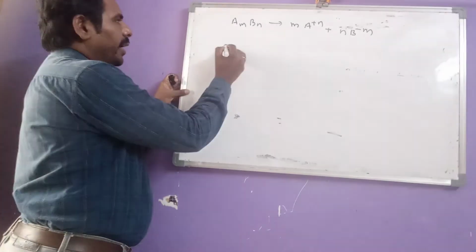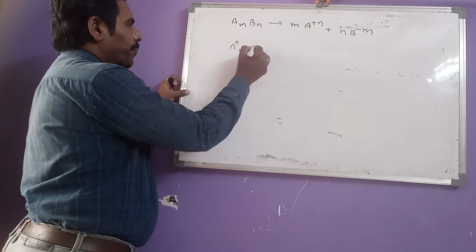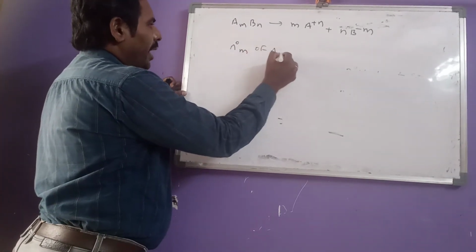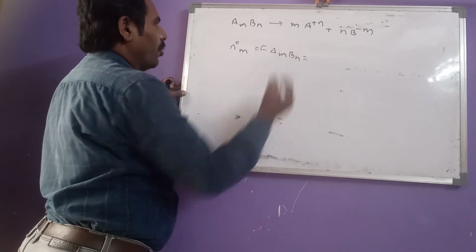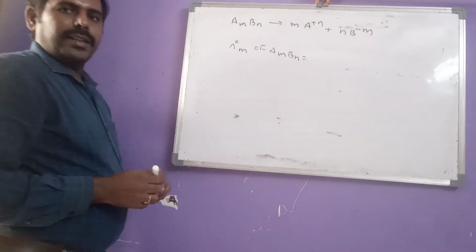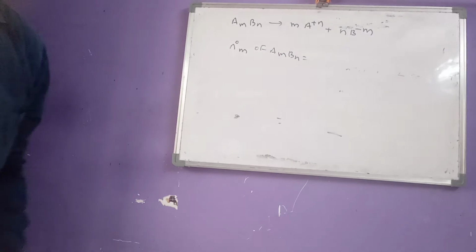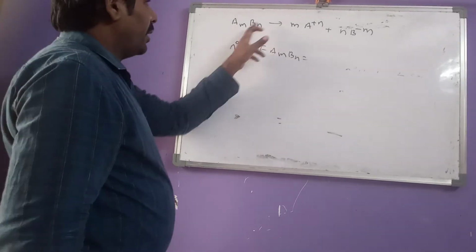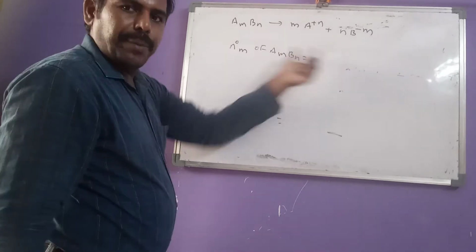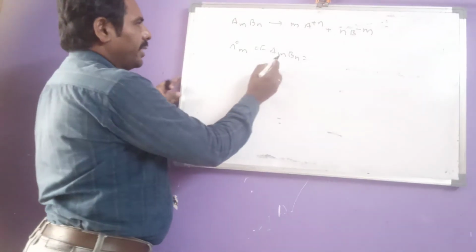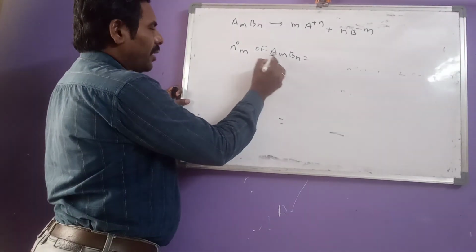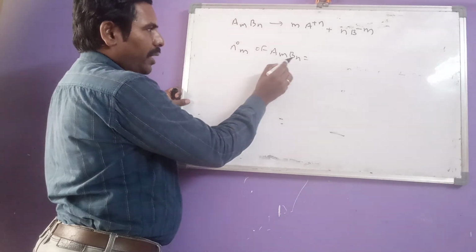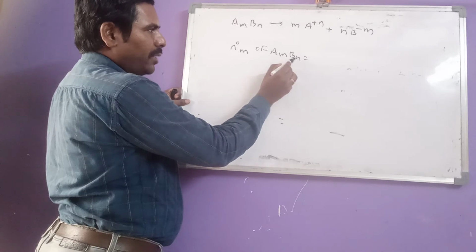For this electrolyte, to calculate Λ°m of AmBn electrolyte, we need to multiply these individual conductivities with number of ions. That means here A ions are present in m number and B ions are n.